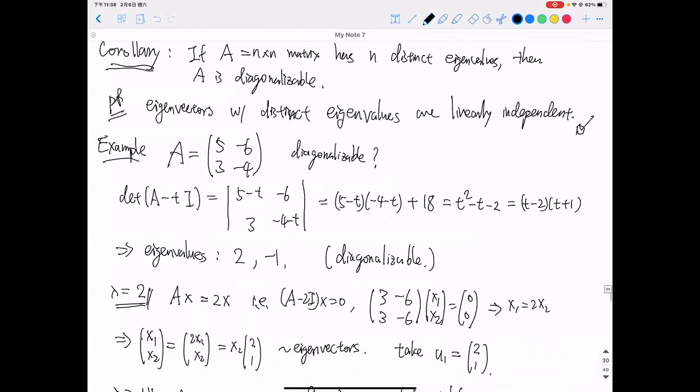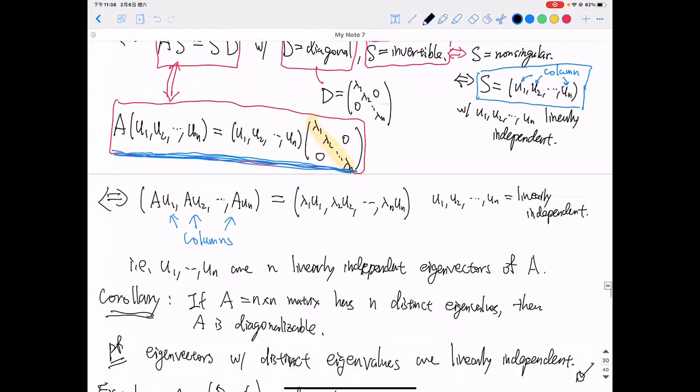And now going back to the equation that we had earlier, the diagonalization is going to come from this. What we have to do is use the eigenvectors of our choice to form a matrix S, and the diagonal matrix will have its entries being the eigenvalues.